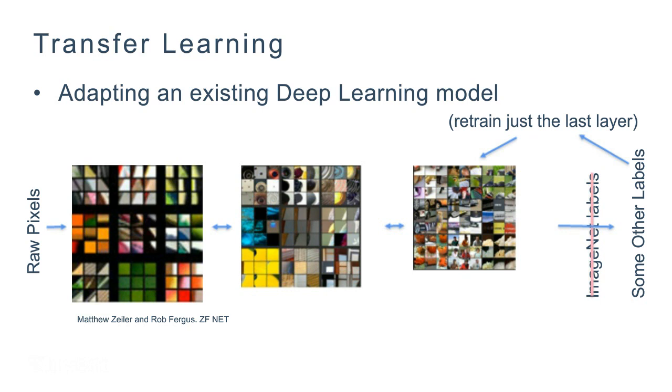You can see a lot of success in taking just that last layer and retraining it for the labels that you care about. So rather than the 1,000 labels that come with ImageNet, say 50 labels, somewhat related but maybe not completely overlapping, that you care about in your data.